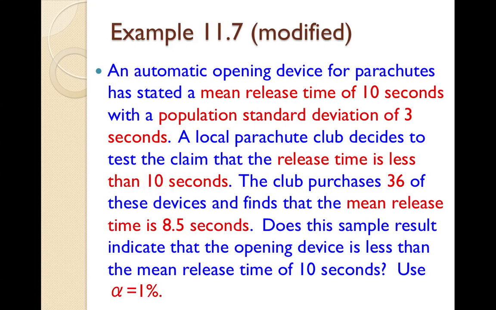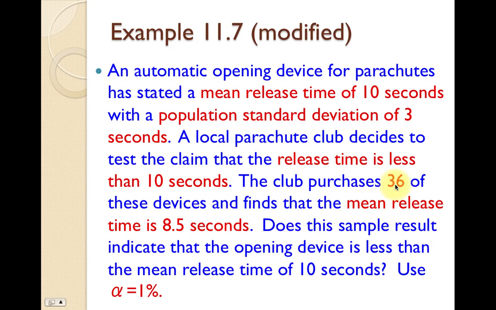The club purchases 36 of these devices, that's the size of the sample, and finds that the mean release time is 8.5 seconds. So as you read this sentence, you should realize that this 8.5 applies to the mean of the sample of 36, not the mean of the population.